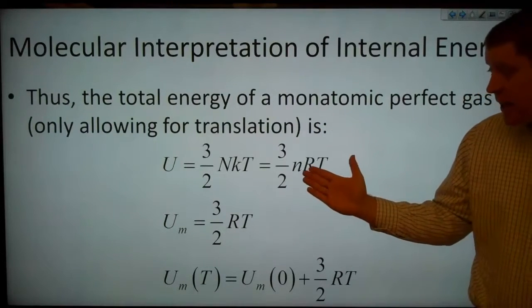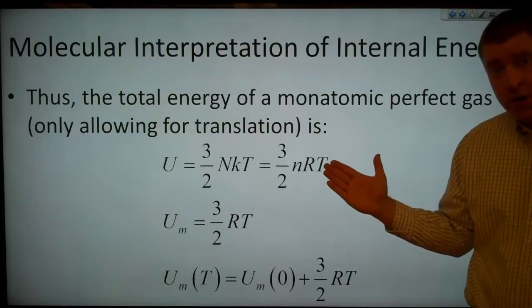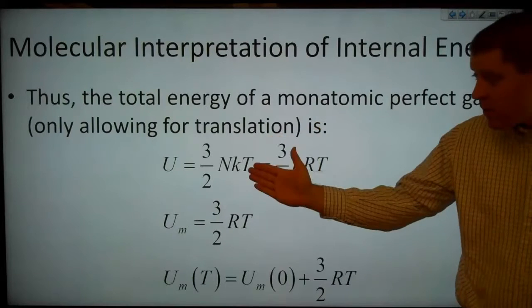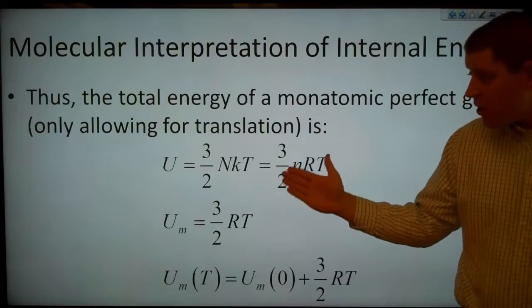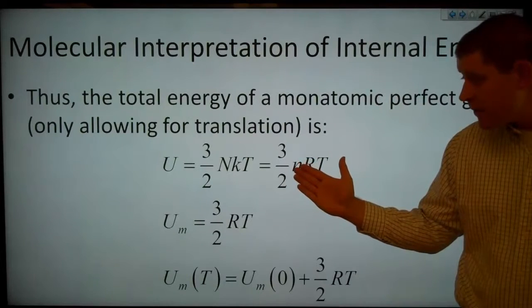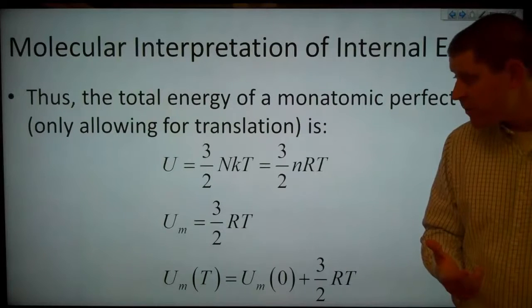And that means that if each of our 3 translational degrees of freedom gives us 1/2 kT, then the internal energy of the system is equal to 3/2 times N times k times T, where N is the number of molecules that we have.